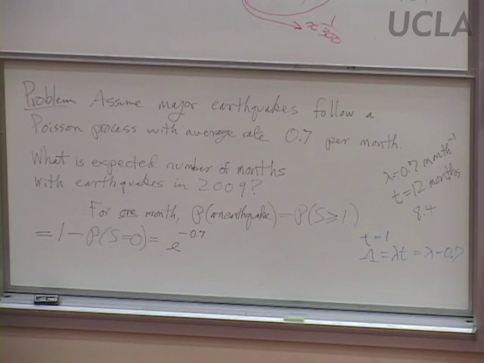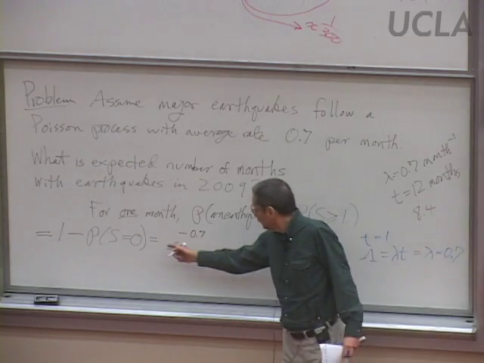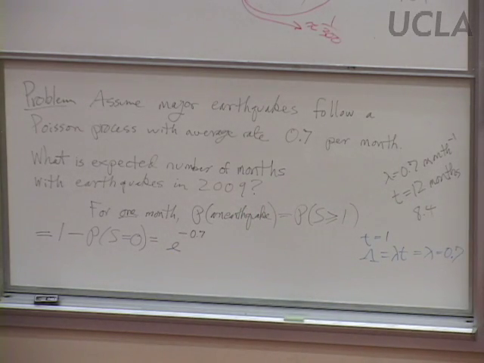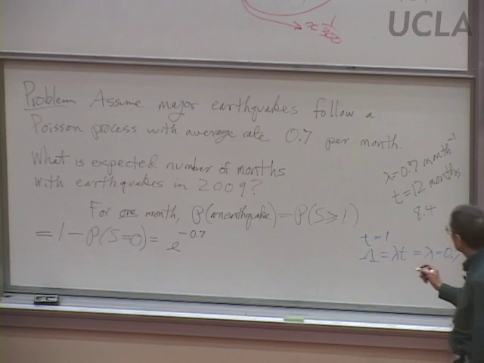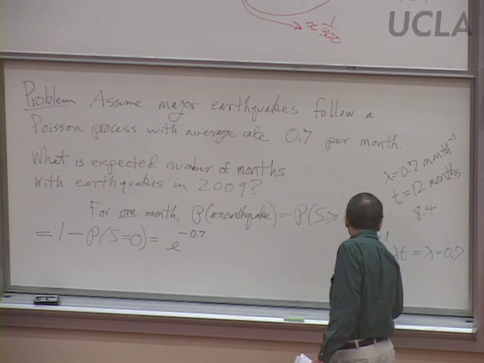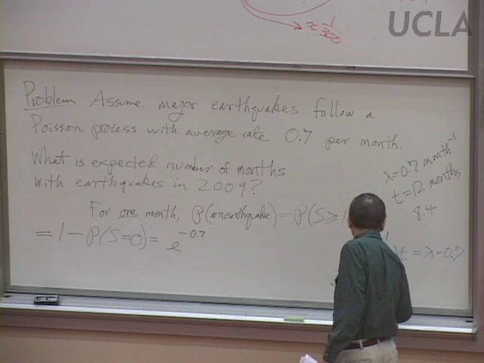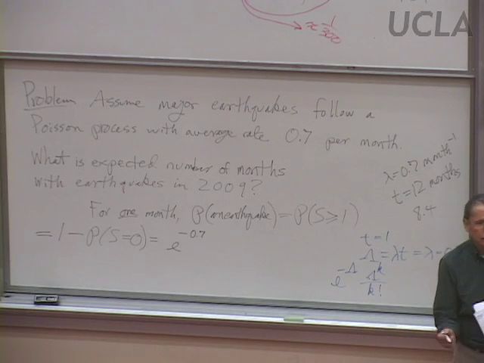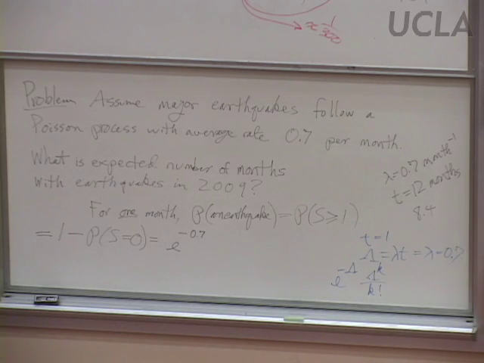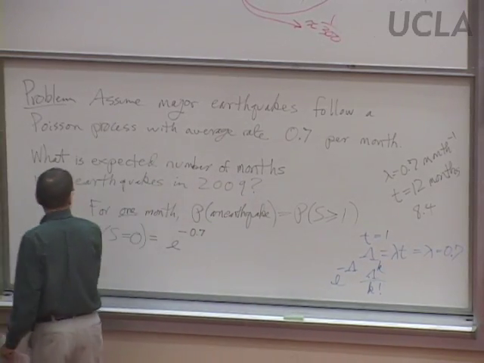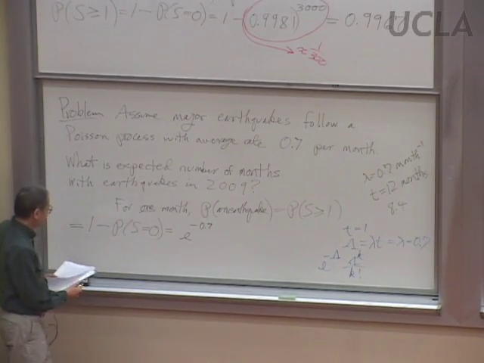And for the probability of 0 hits in a time period of 1 month, it's e to the minus lambda, okay, lambda to the k over k factorial, but if k is 0, it's just e to the minus lambda, e to the minus 0.7. And we're subtracting that from 1.